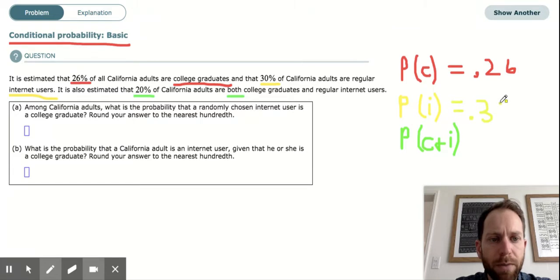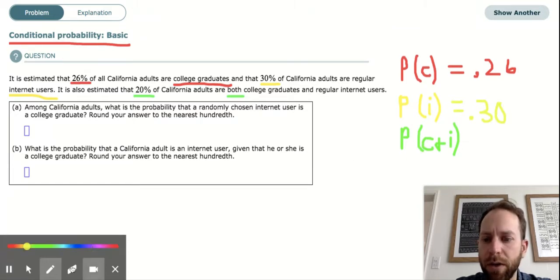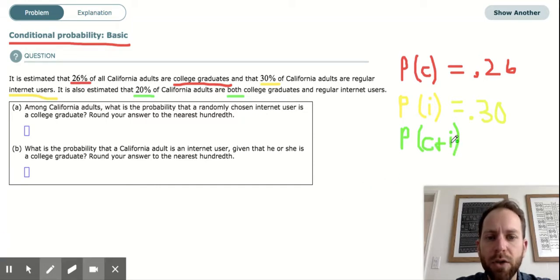Either one would work. And lastly, what's the probability of both, a college graduate and an internet user? That is 0.20 or just 0.2.